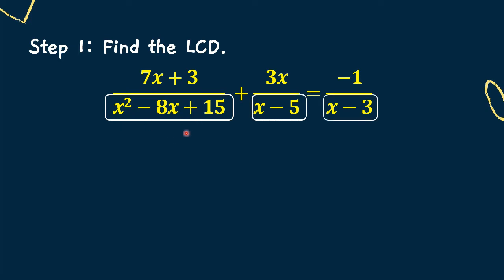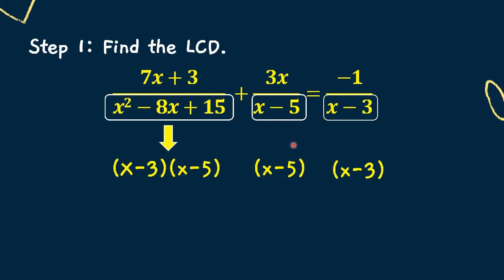Observe that our first denominator, x squared minus 8x plus 15, is not in its lowest form. So we have to simplify this by factoring. The factors of this expression are x minus 3 and x minus 5. Also we have the other denominators, x minus 5 and x minus 3.